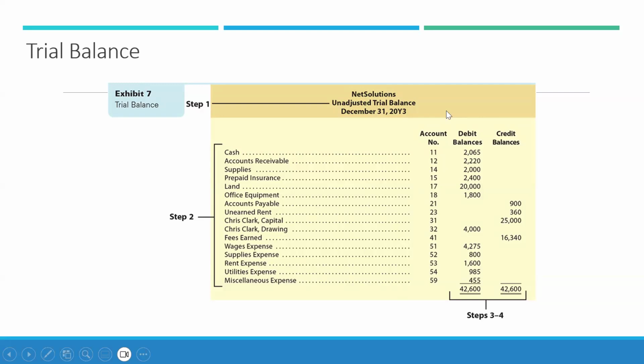So we start with the balance sheet and list all those in the order of the balance sheet. Then we go to the income statement. We show our fees earned and all of our expenses. All this is doing is making sure our debits equal our credits. And they're going to, aren't they? Because after every transaction, our debits had to equal our credits, didn't they? Got it?